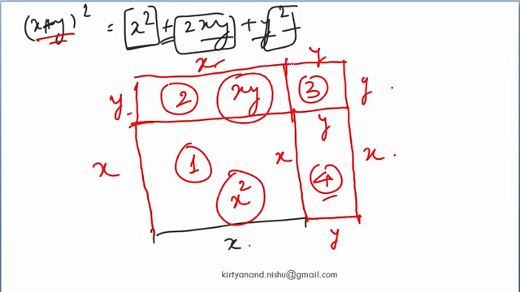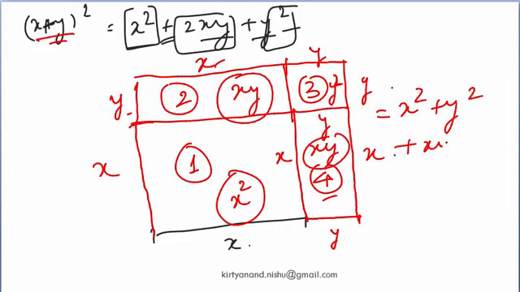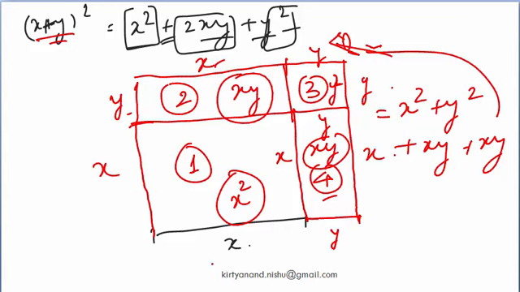This is a square of side y, so this becomes y square. And the fourth area is a rectangle of sides x and y, so it becomes xy. All we have to do is add up all these four areas together, which gives x square plus y square plus xy plus xy. So this is the interpretation of this formula.